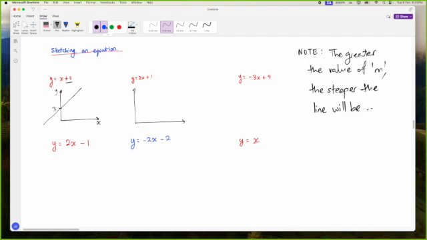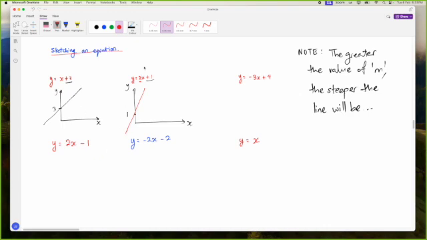So you can see in this case here, this is y, this is x. The line is going to be cutting the y-axis at +1, which is down here, but I will draw the line a little bit steeper because the number is greater. So I'll draw it a little bit steeper than this one.